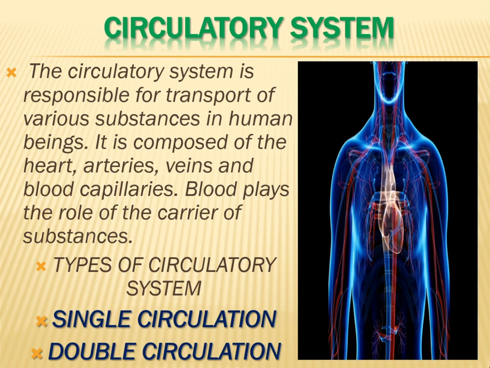This is the basic concept of single and double circulation, and what the circulatory system means. We have discussed the heart, and we will discuss arteries, veins, and blood capillaries in the upcoming slides. So let's move to the next slide and discuss single and double circulation in detail.